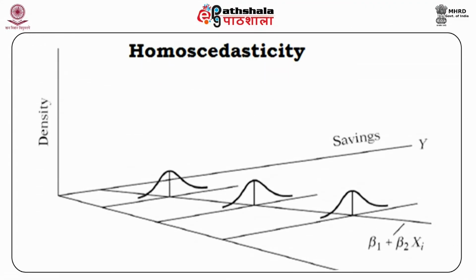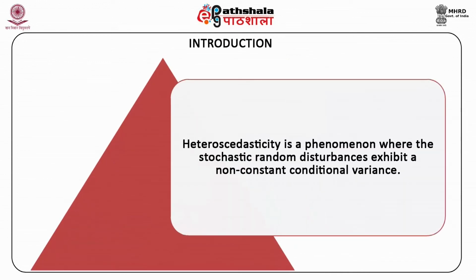This diagram represents homoscedasticity, one of the assumptions of the classical linear regression model. The ordinary least squares estimators are BLUE under this condition. Heteroscedasticity is a phenomenon where the stochastic random disturbances exhibit a non-constant conditional variance. It is a violation of one of the assumptions of the classical linear regression model.